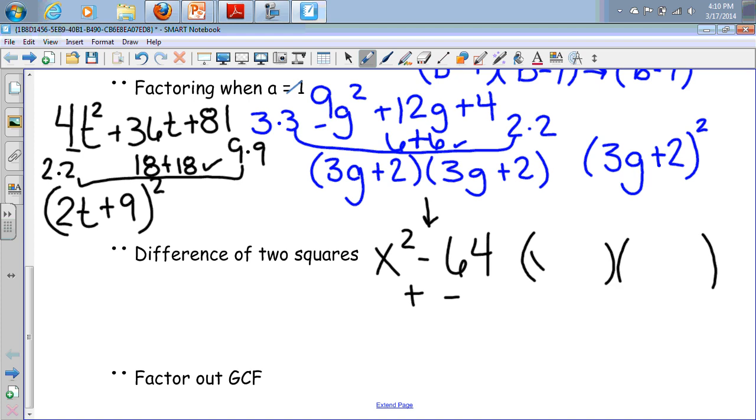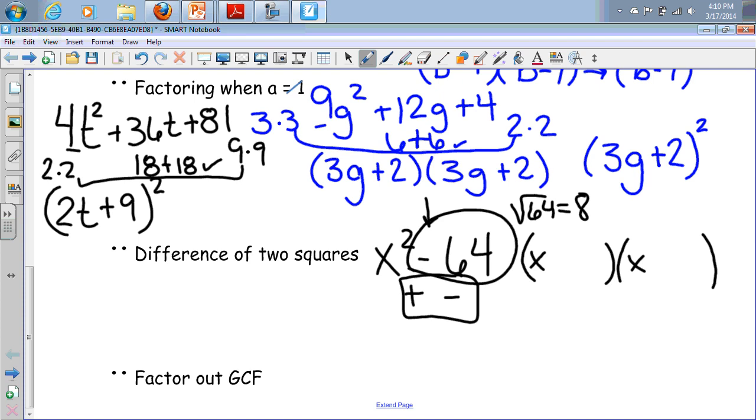And we know we're going to have an x here and an x here. But remember, in order to get a negative number in the last part, we have to have a plus and a minus. What is the square root of 64? 8. So that means I'm going to have a plus 8 and a minus 8.